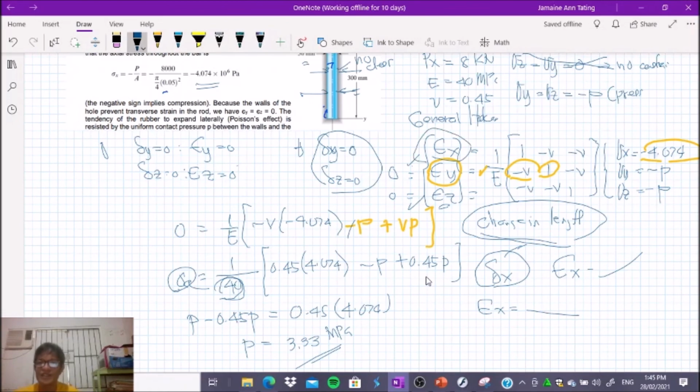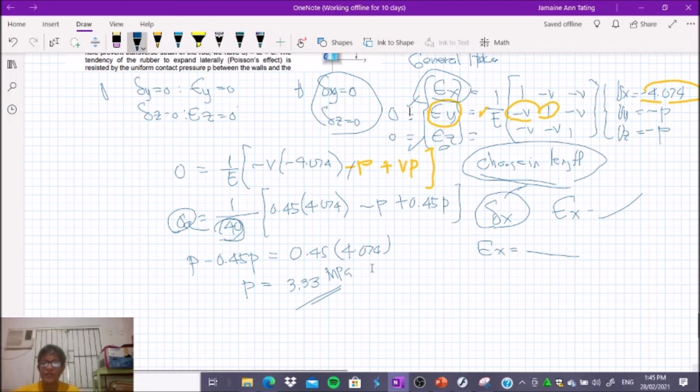So, you will see here that our strain in X, kapag in-expand natin, will be equal to 1 over E. Then we have, paano yan? Okay. So ito naman, i-multiply natin dyan. So we have 1 times negative 4.074. Okay. Then, minus, ito, negative BP.